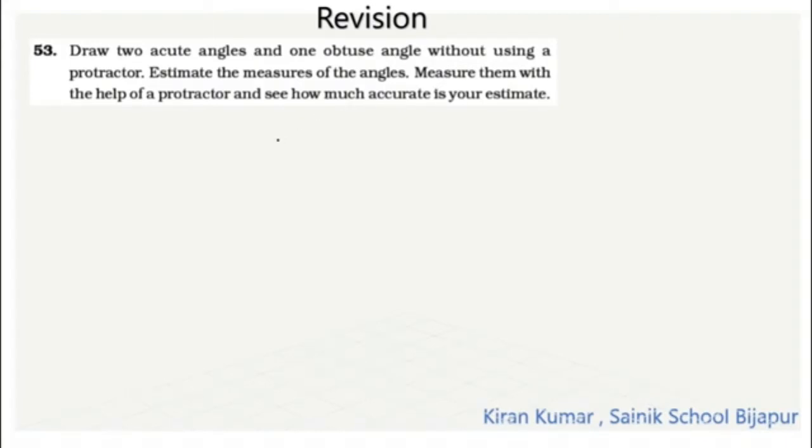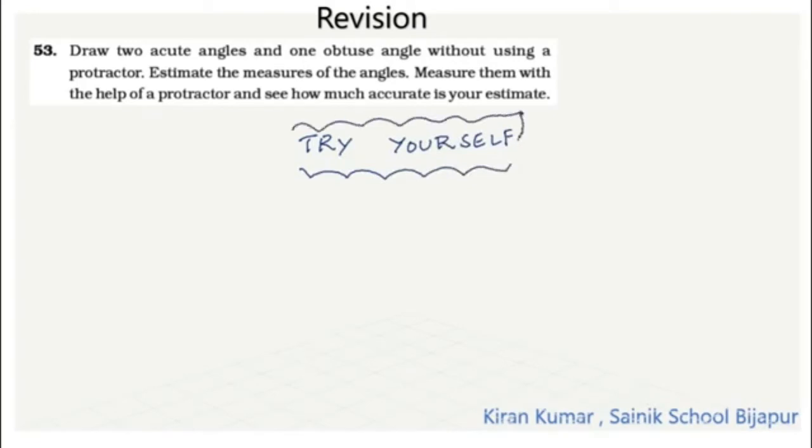This I'll leave it to you. This you can try. So I'll write here, try yourself. Yes, you can do it. Roughly you have to draw the figure of your wish and you can measure using protractor.